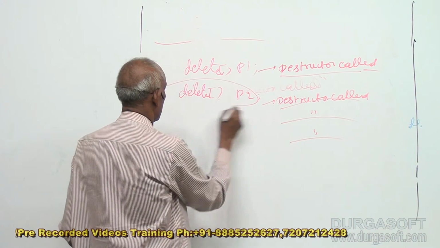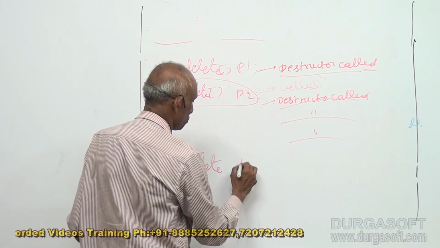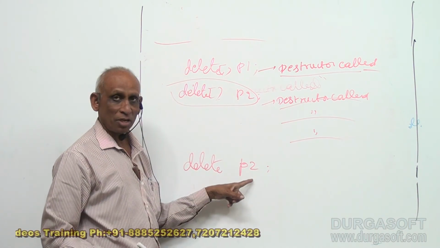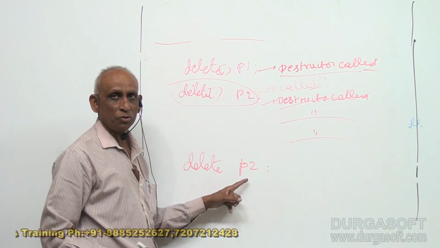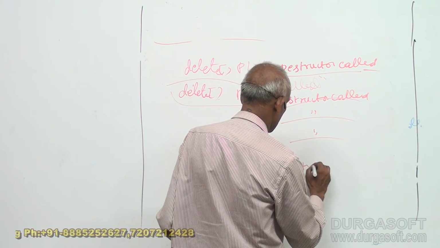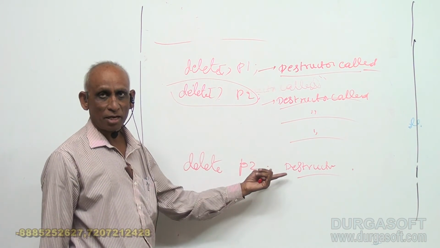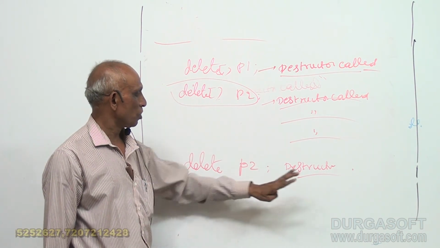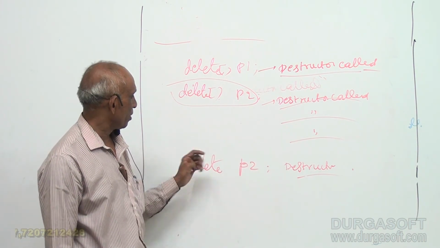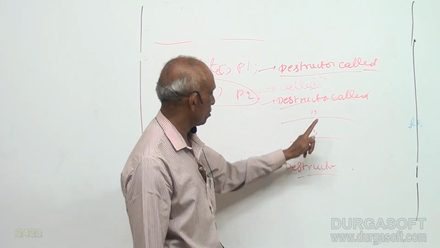Instead, if you just use delete P2, though an array was allocated here, you are calling delete P2, you are deleting only 1 object, so you get destructor call only once. Actually an array is allocated, but still if you say delete P2, only the first object is destroyed, you get destructor call once. Whereas if you call delete array P2, then all the 3 objects are destroyed, you get destructor call 3 times.